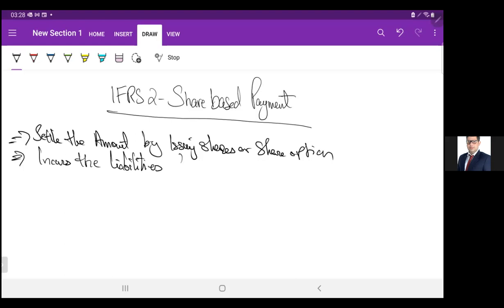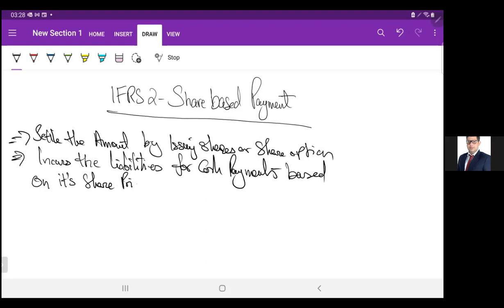Liabilities for cash payments based on its share price, right? So what was the problem?